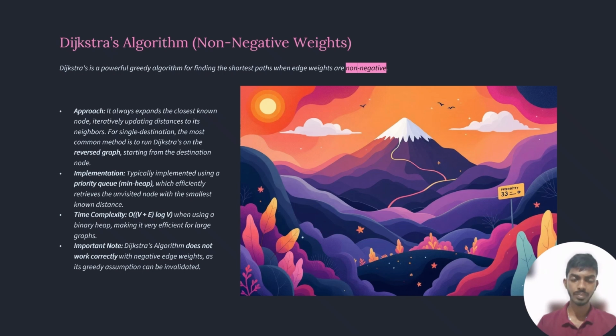For a single destination, we reverse edges and start from the destination. Time complexity with a good heap is very practical. You can see how this builds the cheapest path very safely.